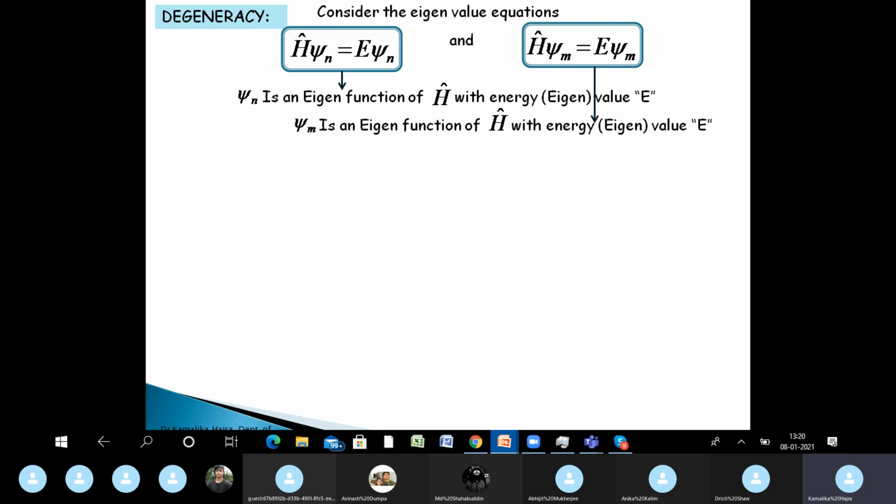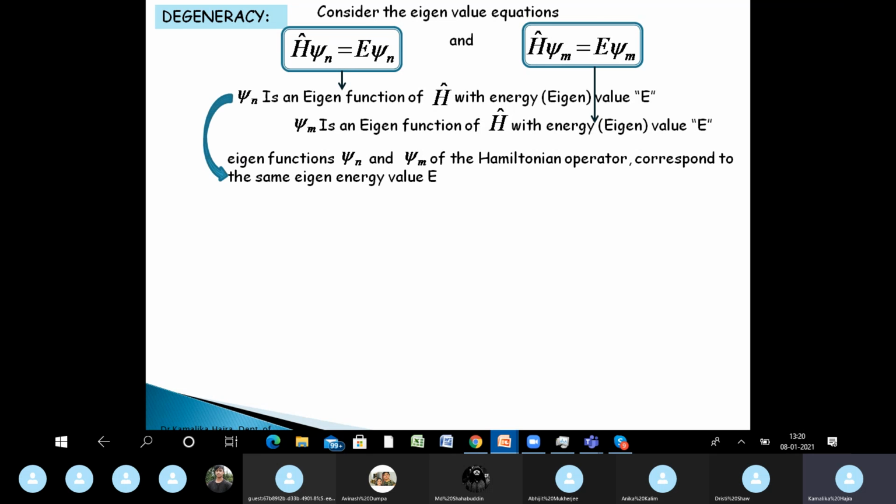So what do we see here? We see that there are two eigenfunctions psi n and psi m of the Hamiltonian operator, both of which correspond to the same eigenenergy value E. They are different states and therefore of course they are mutually orthogonal, they are independent of each other, but they satisfy the eigenvalue equation with the Hamiltonian operator with the same energy value E. Then such an energy is called a degenerate energy state.